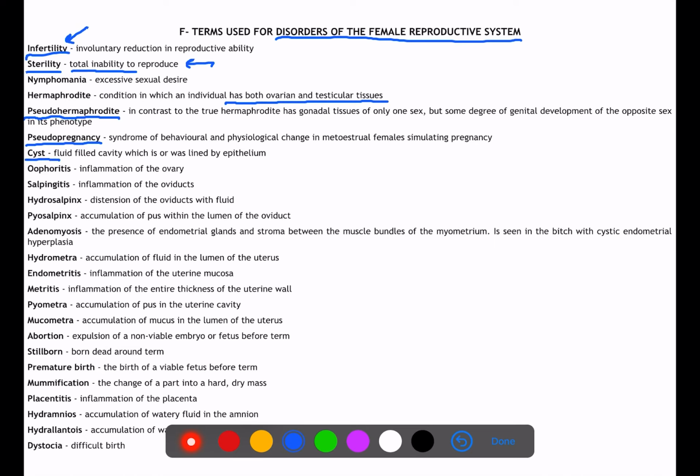The cyst: there are many types of cyst: dermoid, hemorrhagic, mucoid, and the two important types, follicular and luteinized cysts. We discussed oophoritis and salpingitis. Hydrosalpinx was also mentioned before. Pyosalpinx is pus accumulation within the fallopian tube, the oviduct, which is the other name of the fallopian tube. Pyosalpinx and salpingitis most commonly occur in poultry disease.